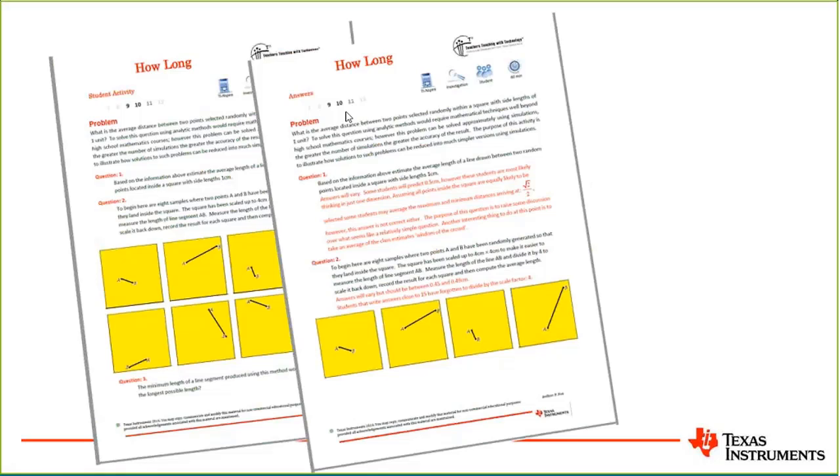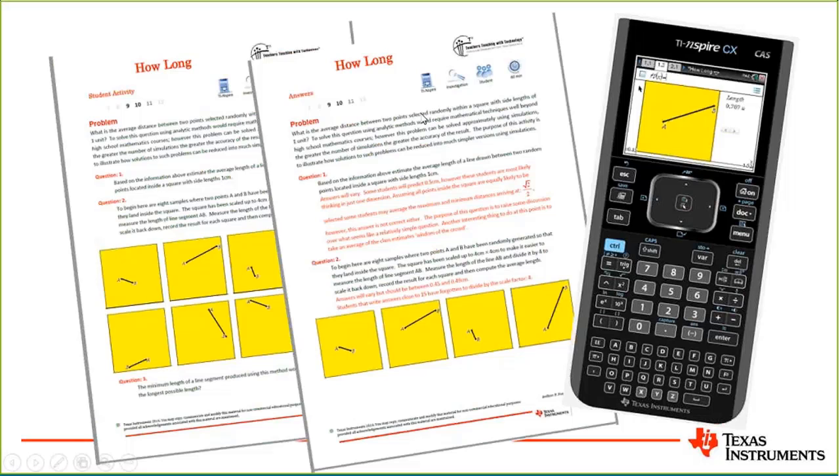But when you drill down into that activity, it is using the same sort of skills in terms of what the calculator requires, because eventually you're asking students to come up with a sort of average for the length of a line segment generated at random, and so you use the list this time to generate random coordinates and plot them on the screen. So exactly the same skills, but at a different level of mathematics.